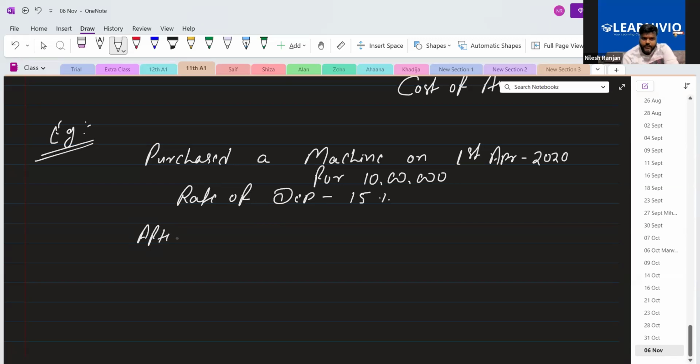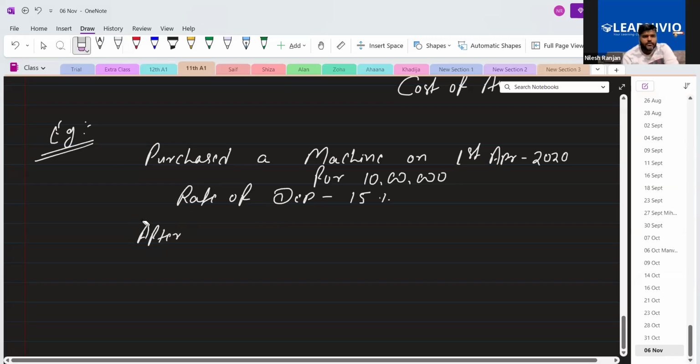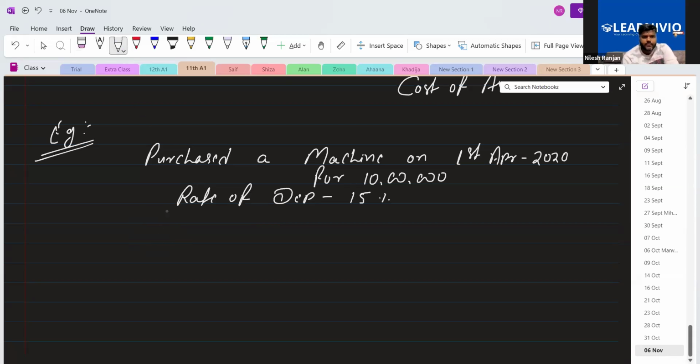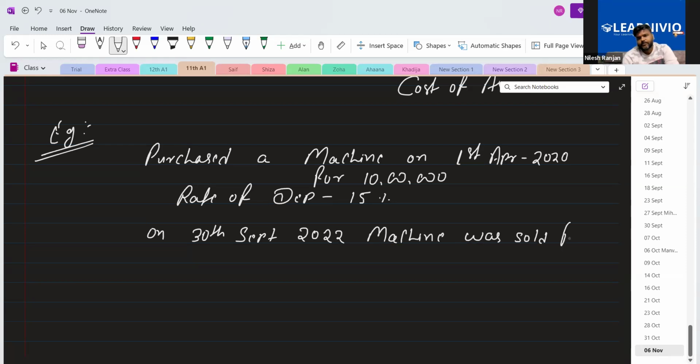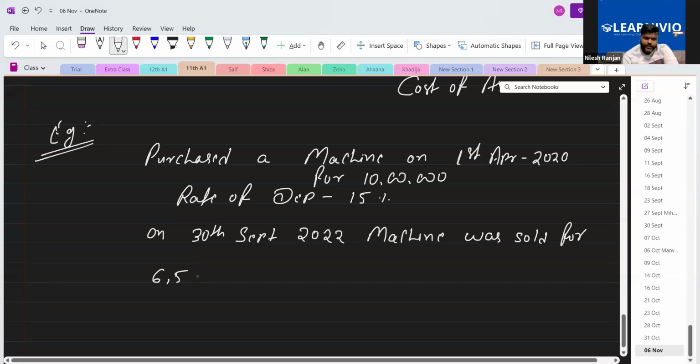On 30th September 2022, the machine was sold for 6,50,000.